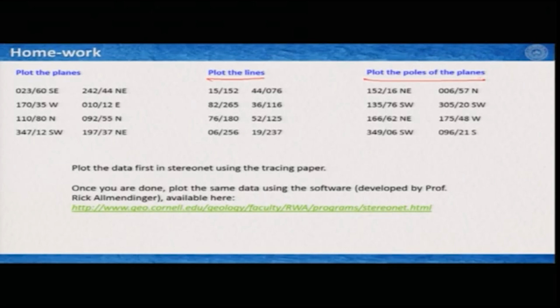Once you are done, to see if you have done it correctly, you can download stereo net software from this website. The link is given here, and you can check whether your manual plottings are correct by plotting them also with the software. And if you have any questions, you can always write me back, or you can contact the teaching assistants.